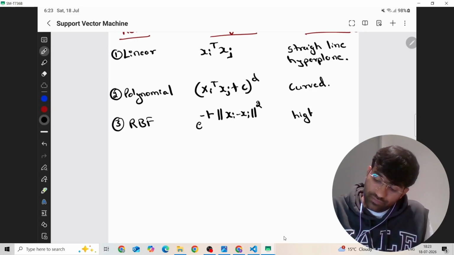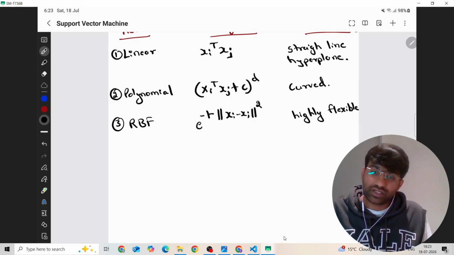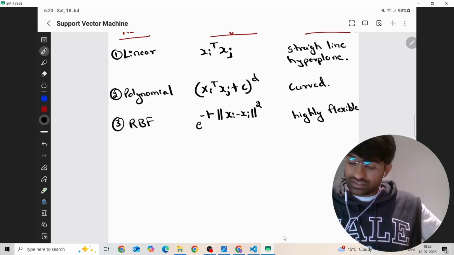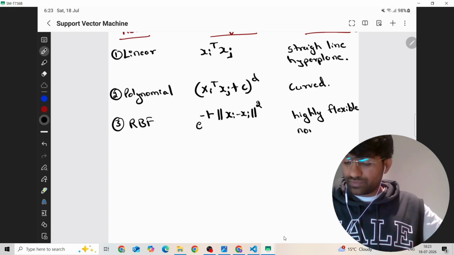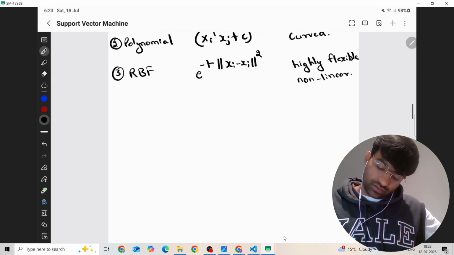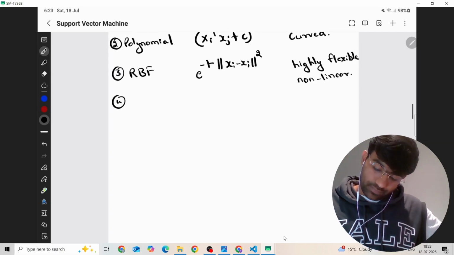The hyperplane will be highly flexible. It will be like 3D, 4D dimensions. It is very flexible and it is non-linear.